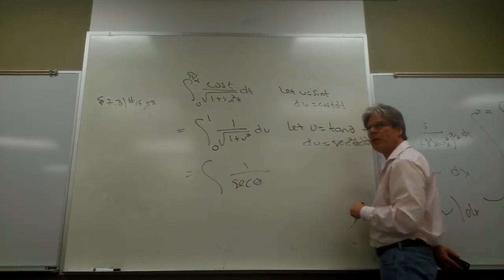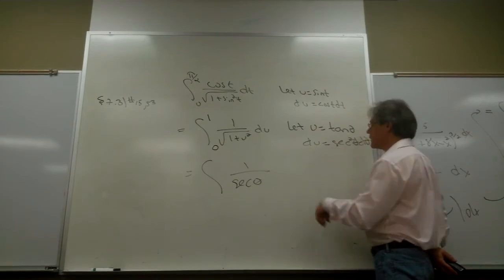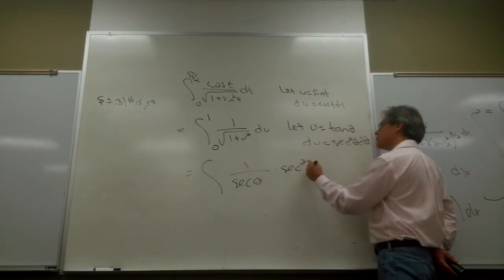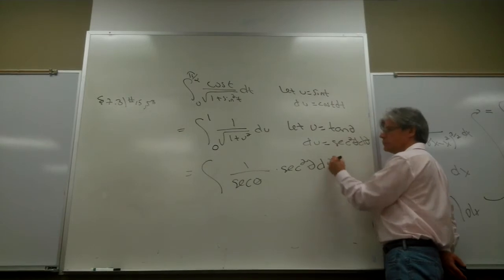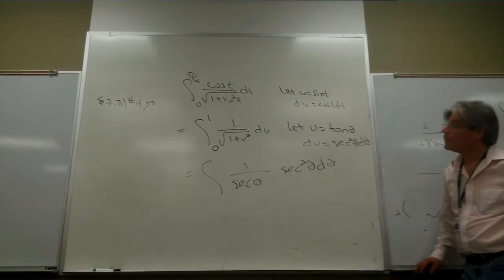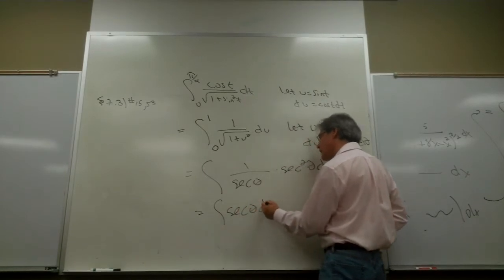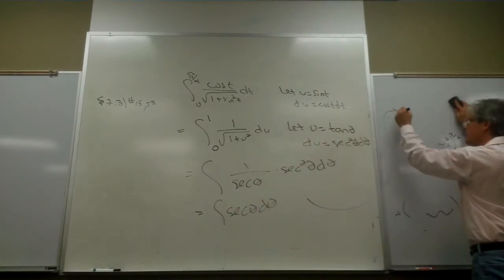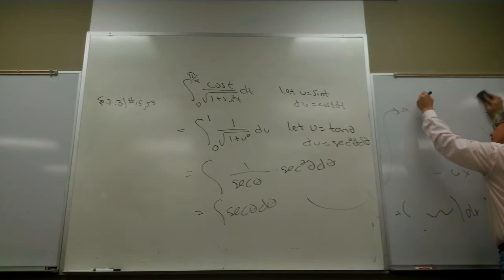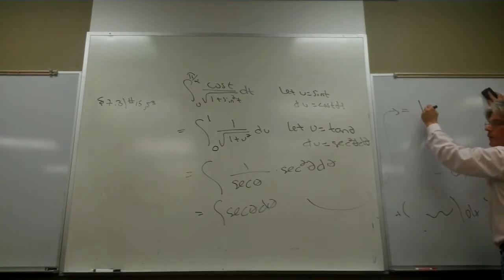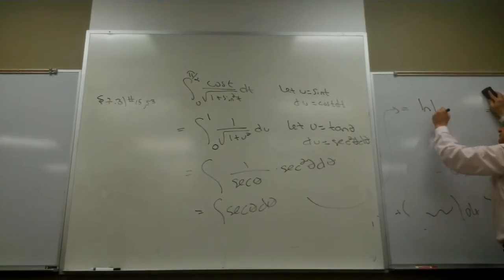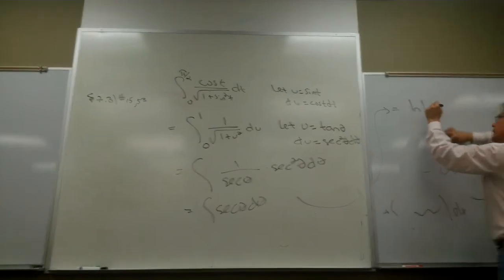Oh, but now I have to multiply by another name for du, which is simply secant squared d theta. But that merely leaves me with the integral of the secant of theta d theta. Ah, but we recognize that as being nothing more than negative natural log. I agree with that.